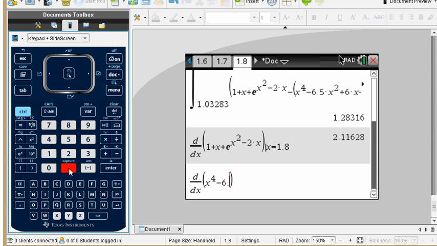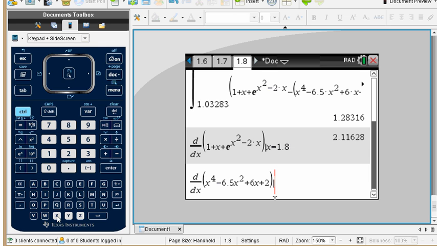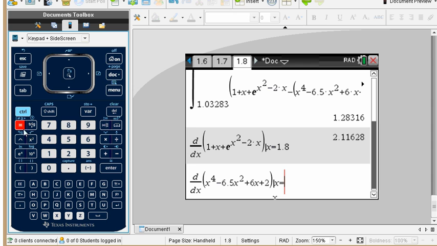And again, to evaluate, we're going to press control equal sign and get this little vertical line segment, and then x equals 1.8. And so we have 5.928. Now, not a whole lot of significant figures here.